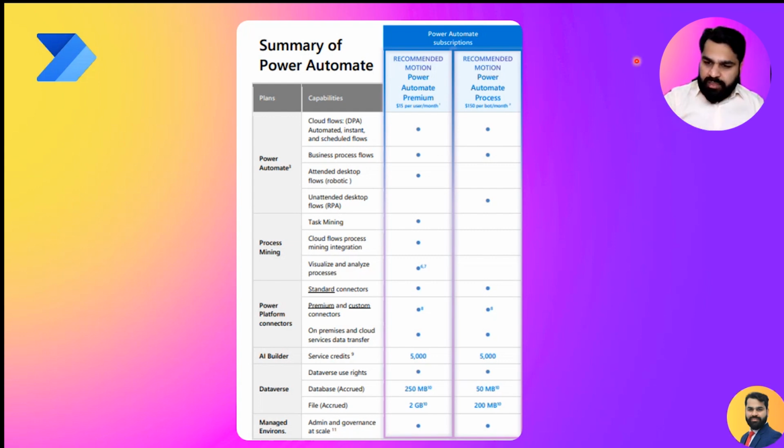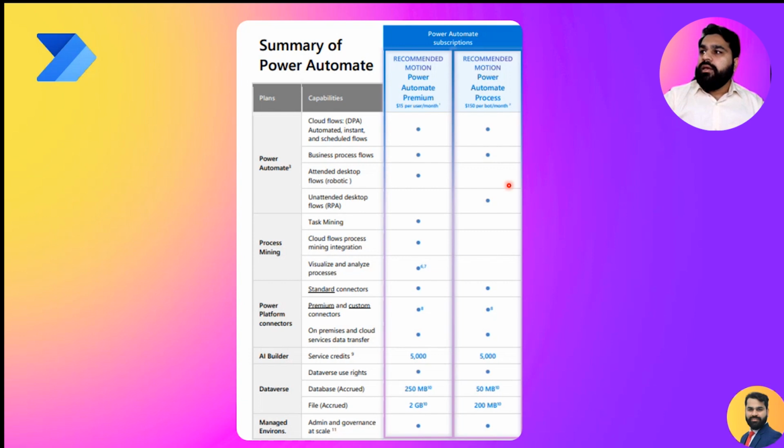Now, to run this particular flow, any user would need a Power Automate Premium license. This is story one. Now, the second story.